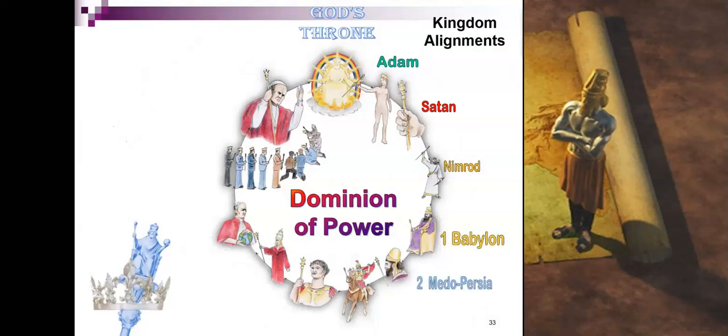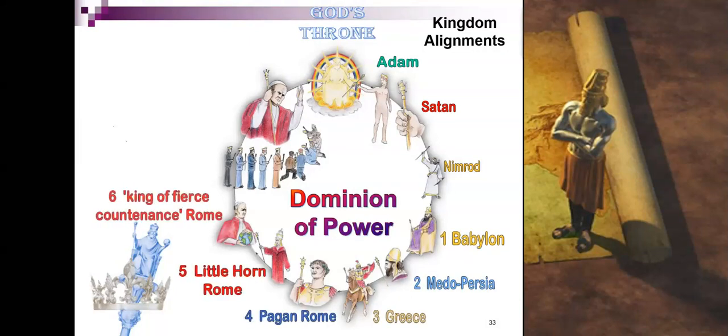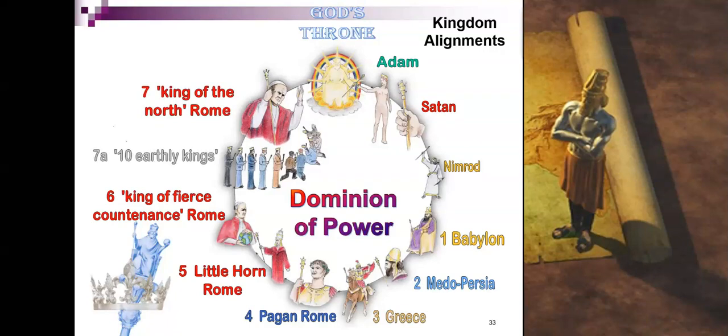And then we've studied how it transferred to Babylon, Medo-Persia, Greece, pagan Rome, Little Horn Rome, and to Kingdom 6, the king of fierce countenance, which was Rome, and 7th, the king of the north, Rome. And then that last part covers the epilogue event.